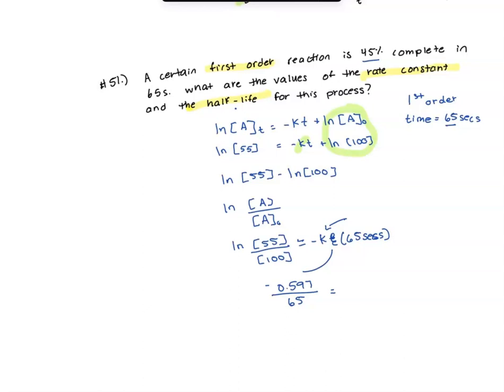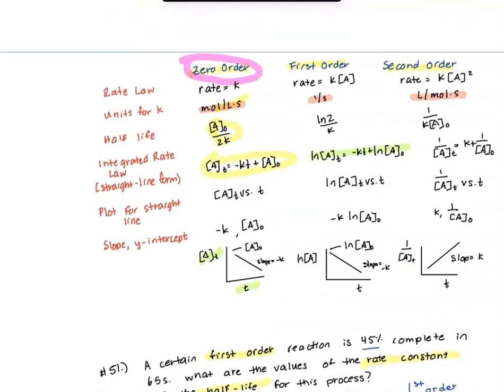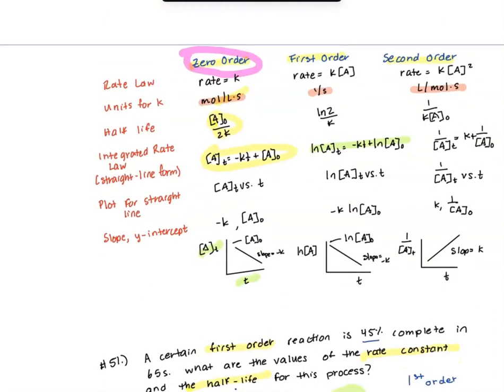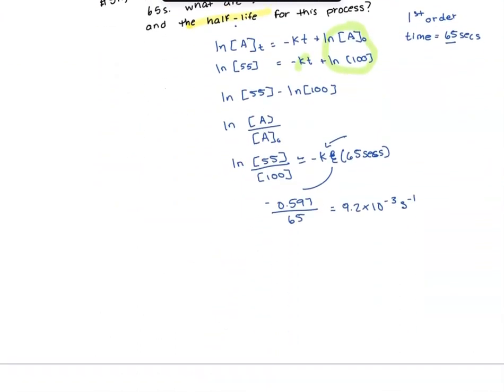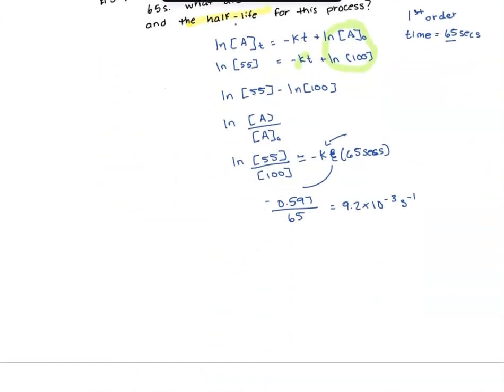So we're going to do 9.2 times 10 to the negative 3. And what is our units? Seconds minus 1. Why is it seconds minus 1? Well, because it's a first order reaction. So that's going to be our answer.